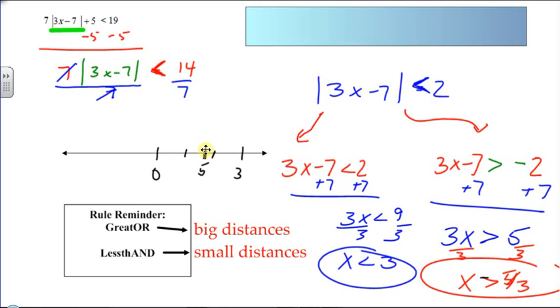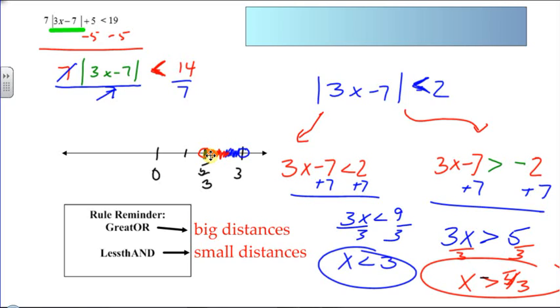And we'll call that 5/3. Now the blue answer says x is less than 3, so let's go to 3 and put an open circle and start shading to the left of it. Less than. The other one says x is greater than 5/3, so let's put a circle on 5/3. It's got to be open, and we'll start shading to the right.